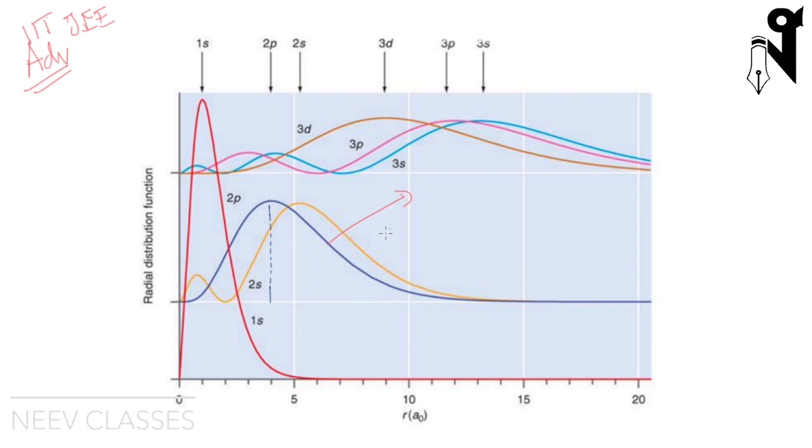Let me write over here, most probable radius. Okay, say it was a 1s. Since I'm talking about radius, it's a most probable radial distance in fact.